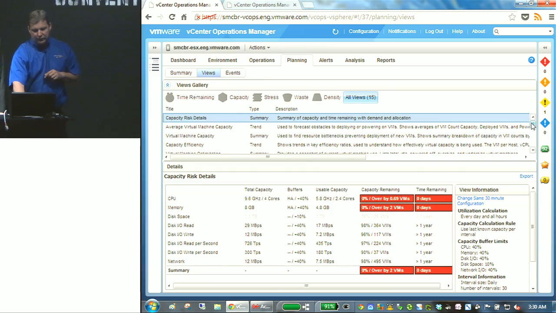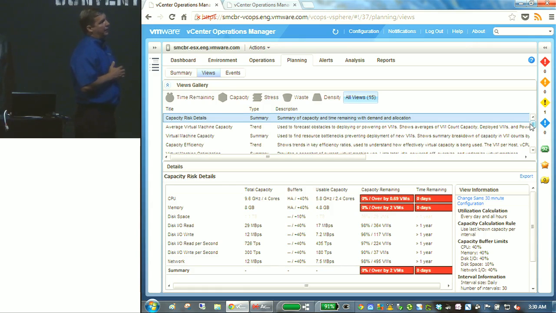There are views about the capacity, the overall capacity details. In this particular case, I have CPU, memory, disk space, disk I/O, and network summarized. Then I have the columns of total capacity, buffers, usable capacity, capacity remaining, and time remaining.